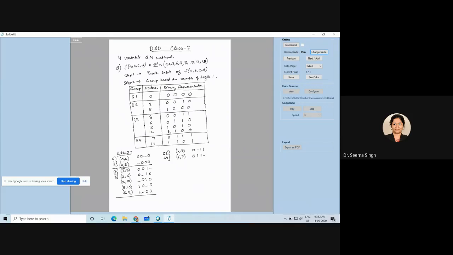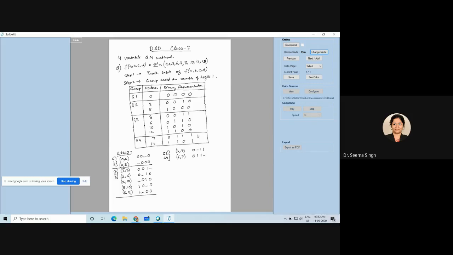Now we have to see from 10. 10 to 7 is possible or 10 to 13 is possible? No, ma'am. 10 to 7 has 3 bit changes and 10 to 13 has 3 bit changes.